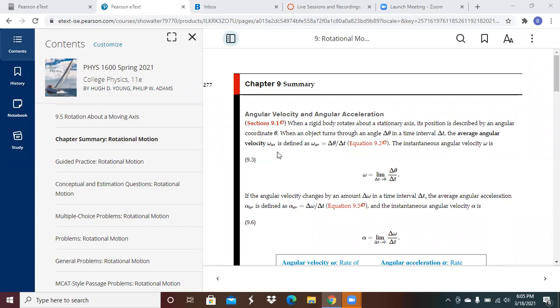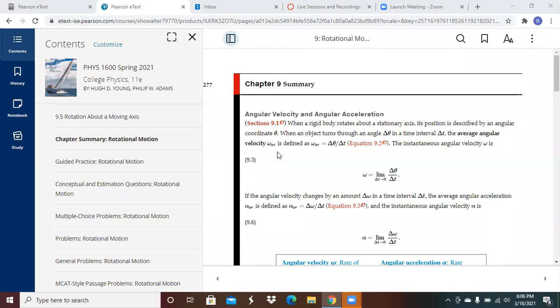So tonight we're going to go over chapter 9. We're going to start talking about rotational motion. We've already discussed up to this point trying to describe linear motion, so motion in lines.